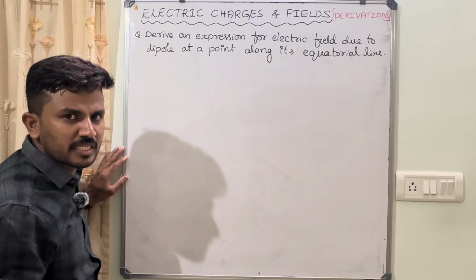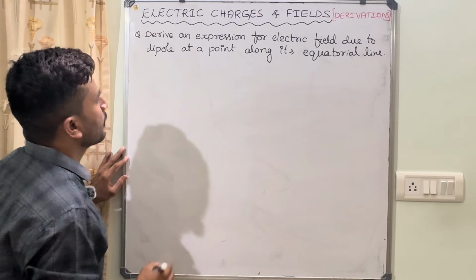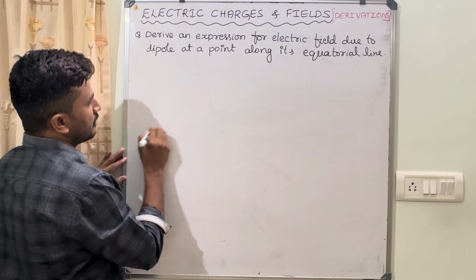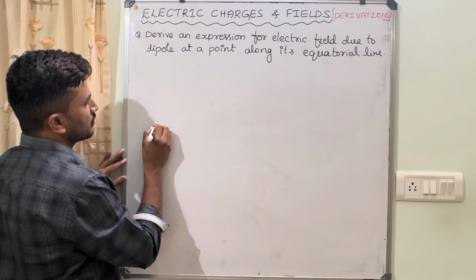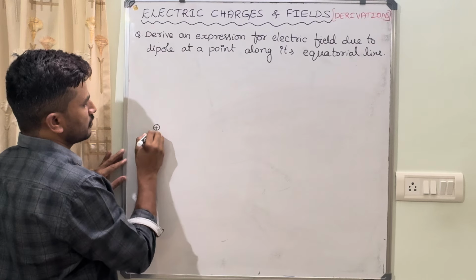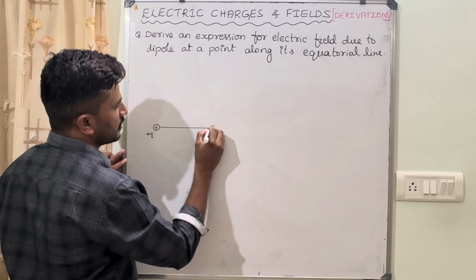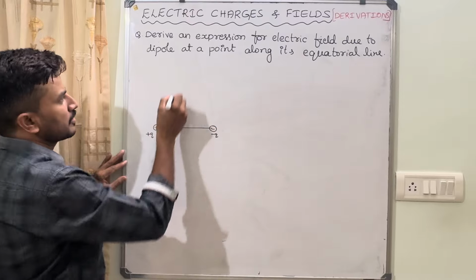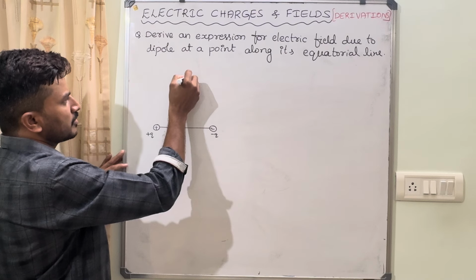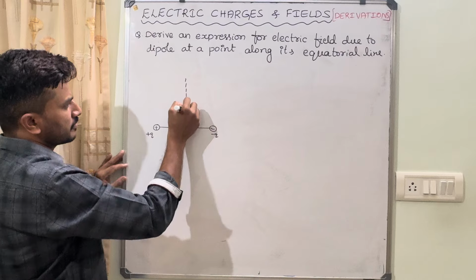Equatorial line means from the center, the perpendicular line. Okay, let me consider positive charge this side or negative charge, whichever you want. So plus q, this is minus q, here minus charge is there. Along the equatorial means here in this direction.